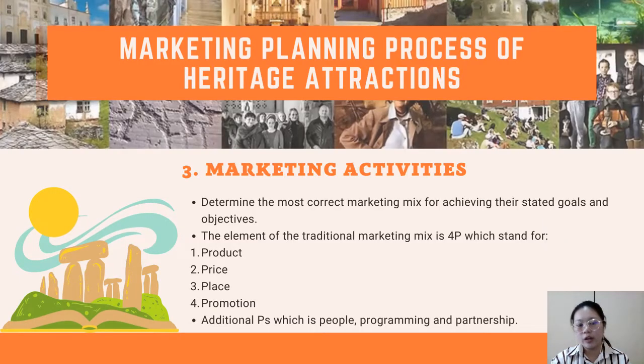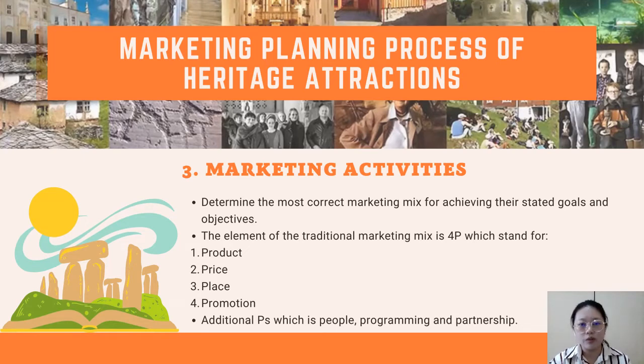Step 3 in the marketing planning process of heritage attraction is marketing activities. In this step, the managers must determine the most suitable marketing mix for achieving their stated goals and objectives. A marketing mix is a set of variables that can be manipulated to achieve the goals and objectives.